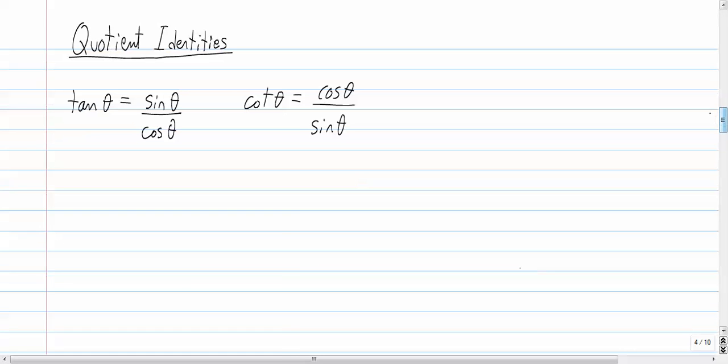So what that means is, how could we use these identities? If you were given a problem and the problem said, let sine of theta equal negative 1/2 and cosine of theta equal positive square root of 3 over 2.